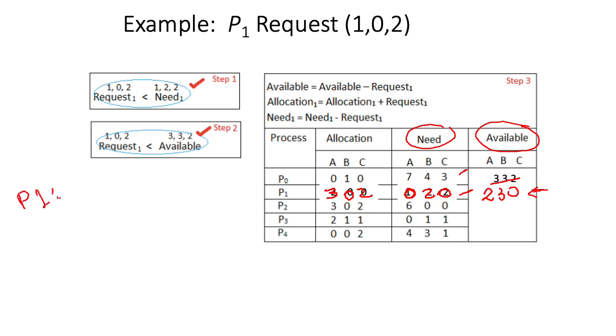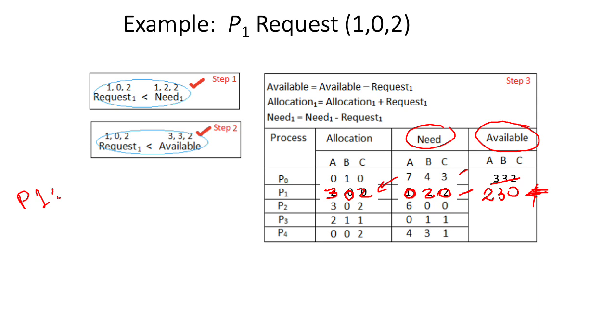So if we service P1, then we will have to update the currently available resources to be equal to what we have currently, which is 230 plus the current allocation of P1, because we said one of the rules is that if we grant access to those resources to that process, then once it's finished, we'll have to put down and return those resources to the system.